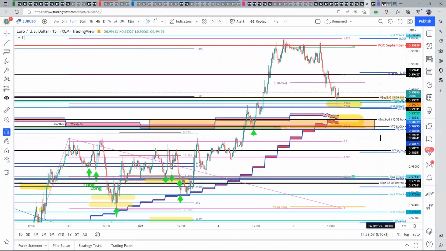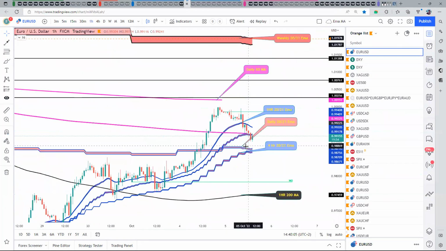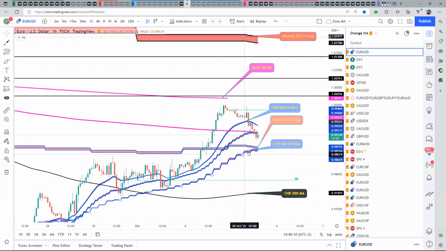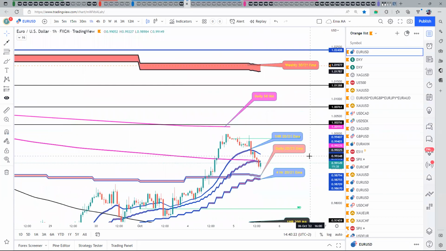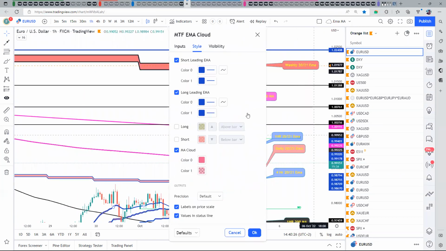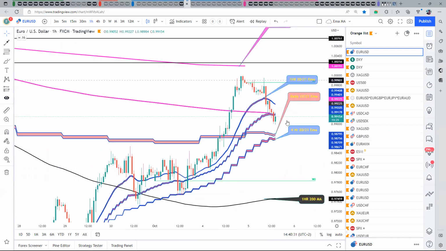Important thing to point out here is yesterday's close. I need to move this a little bit, but yesterday's close has posted a nice close above the daily 2021 moving average that we have there. This is the 1 hour.